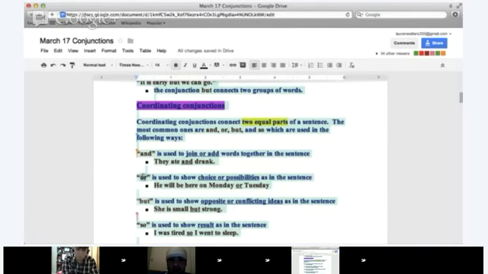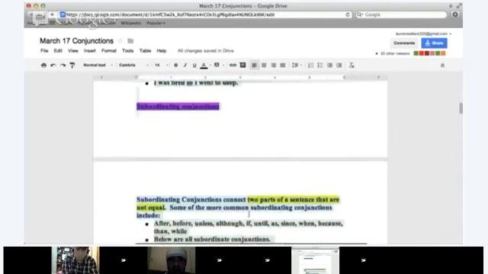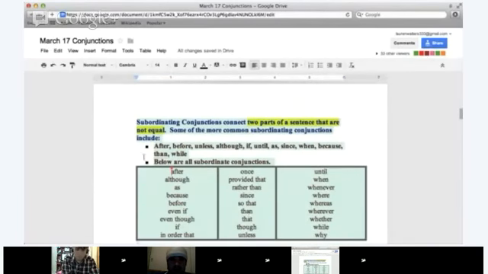So if you say, he will be here on Monday or Tuesday, they're both equal, Monday or Tuesday. So they're linked and equal. Whereas down here, they're not equal. So sometimes we'll say, he will get detention unless he stops misbehaving. So they are not necessarily equal.